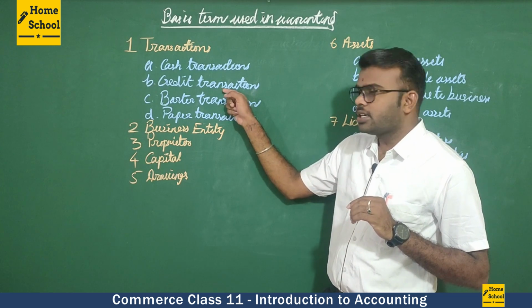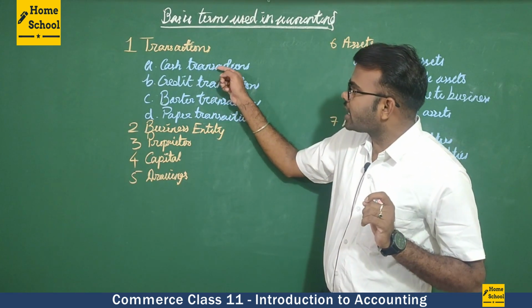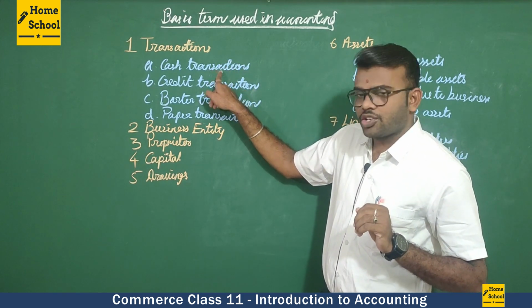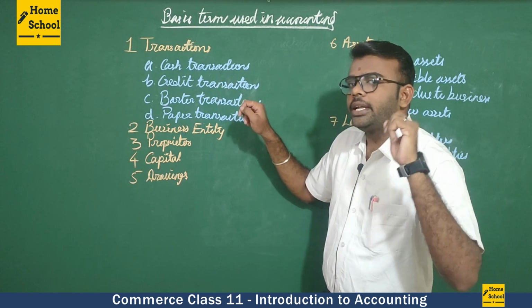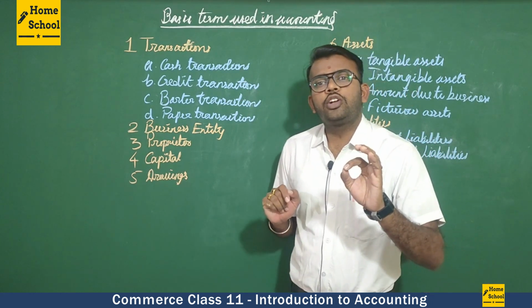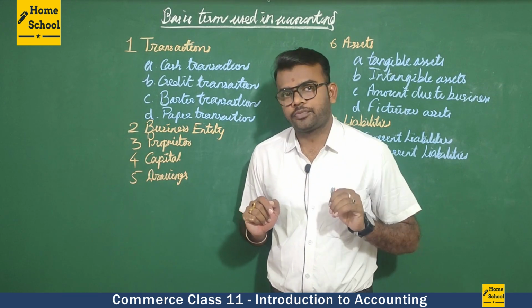Second one, what do we have here? Credit transaction. Simple. The difference between the cash transaction and the credit transaction is that in a cash transaction, payment or receipt of cash is happening immediately. But in a credit transaction, payment or receipt of cash is happening at a future date.